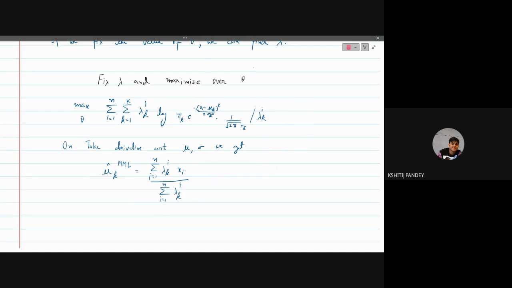And the sigma k square hat is equal to the summation over i from 1 to n of lambda ki times xi minus the mean of the kth mixture, squared, divided by the summation from i equal to 1 to n of lambda ki.